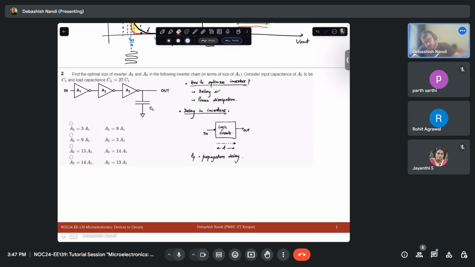Okay. So for the time being, we are defining some TP. We have to understand what TP means actually. So let's say this is the time axis and this is your input signal.